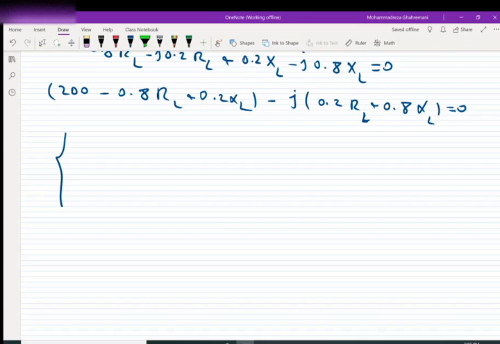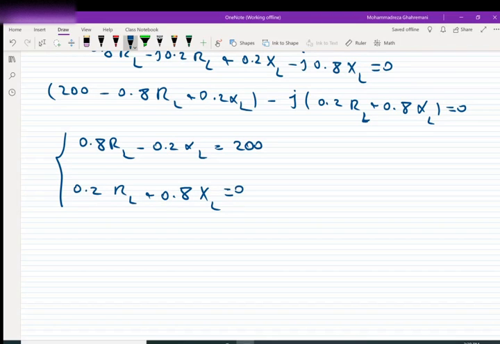So if we do that, we will have 0.8 RL minus 0.2 XL equal to 200, and 0.2 RL plus 0.8 XL equal to 0.